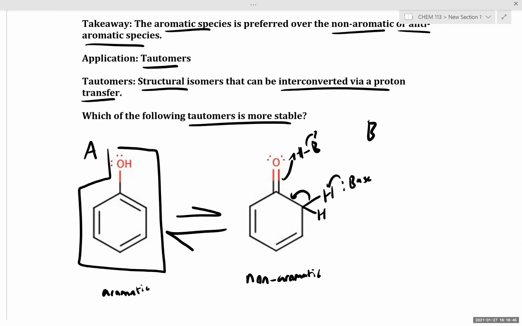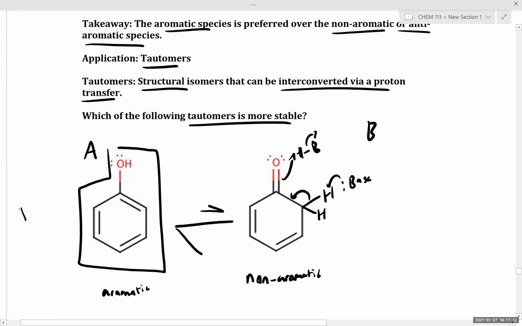However, if we look at these two structures, is this equilibrium going to be 50-50, or will this tautomeric equilibrium favor A or B? Which species is favored at equilibrium? How should we draw our equilibrium arrows? The arrow pointing towards A would be bigger. Yep, exactly.